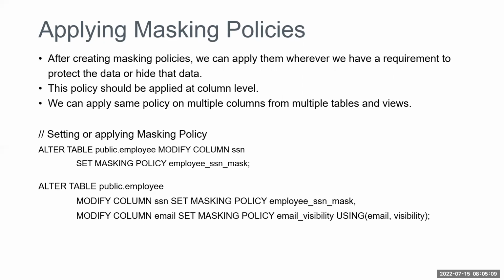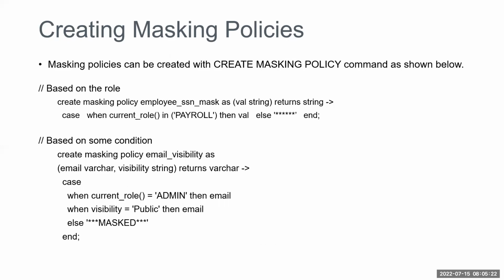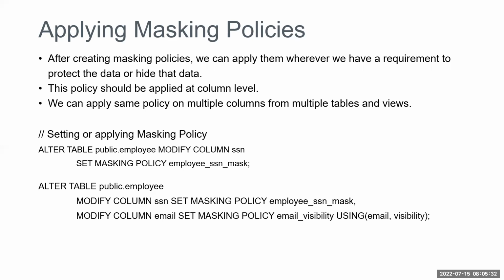We can apply the same masking policy on multiple columns from multiple tables and views. If we create a policy one time, suppose I have created a masking policy to hide SSN, and this SSN is present in multiple tables, we can simply use the same masking policy in all the tables.